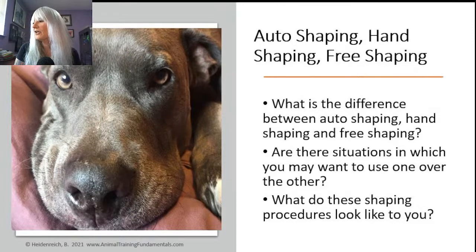Free shaping to me really means that the no prompt thing is a big thing when I think about it: you're not really giving the animal a whole lot of information. You're waiting for the animal to present those movements, and there's no prompting, or very little, or none whatsoever.